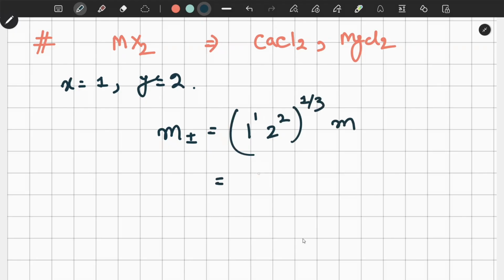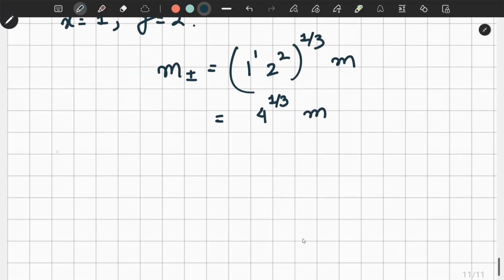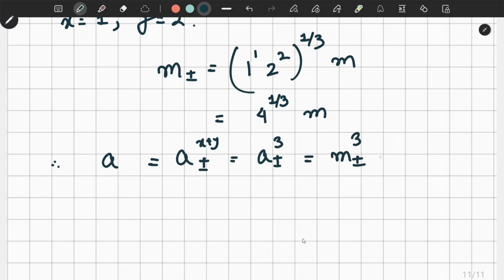So it will be 2 to the power 2 by 3, 4 to the power 1 by 3, right? Yes, 4 to the power 1 by 3 times m. So A will be A plus-minus to the power x plus y. x plus y is 3, so A plus-minus cubed. So put it. Clear?